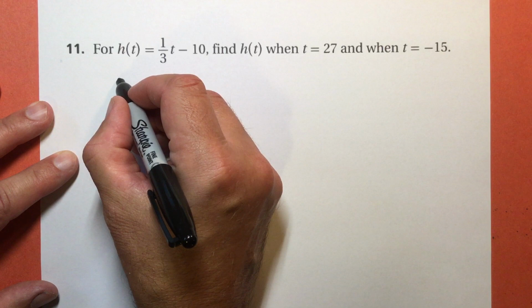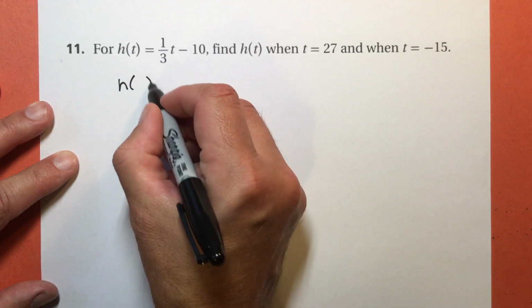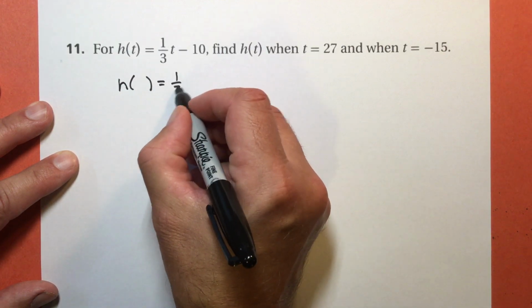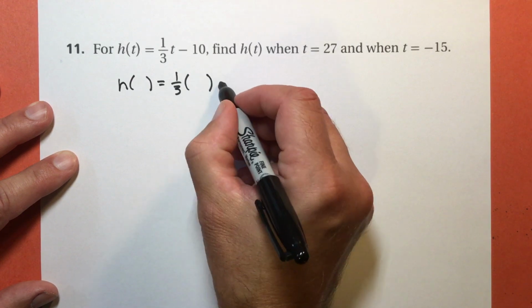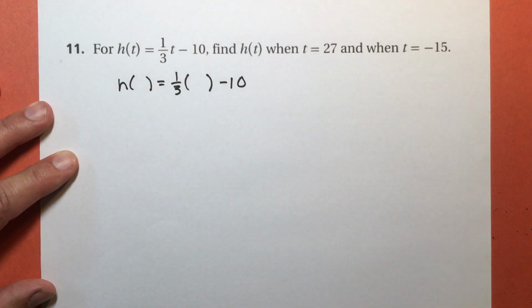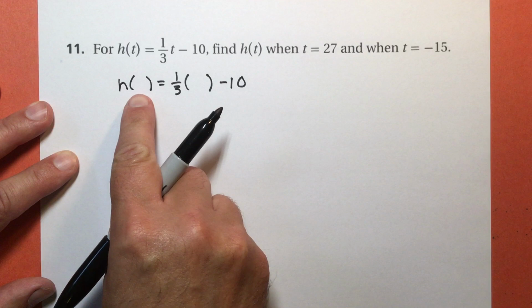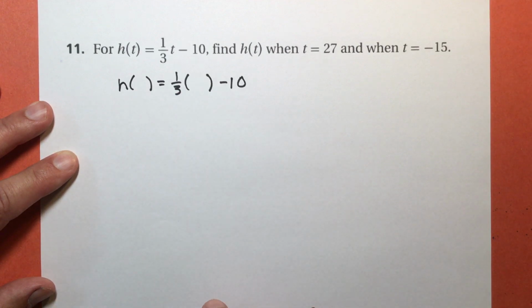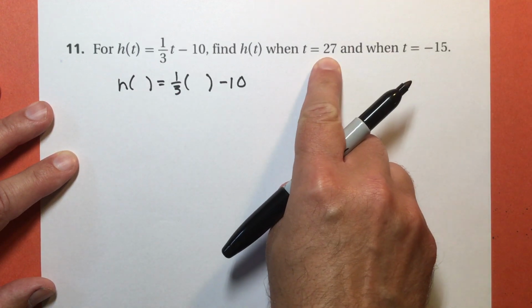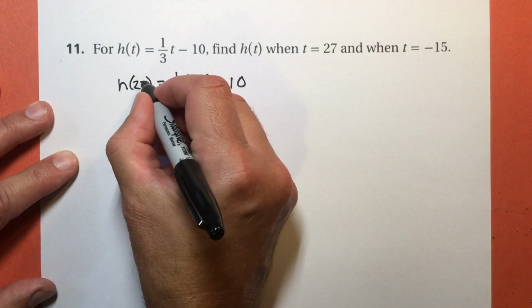Just like last time, I'm going to start by writing h of t equals 1/3 of t minus 10. Except where I said t, I left empty parentheses, and I'm going to fill that in with 27.